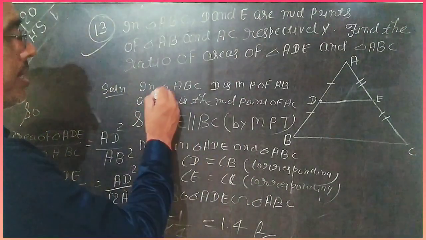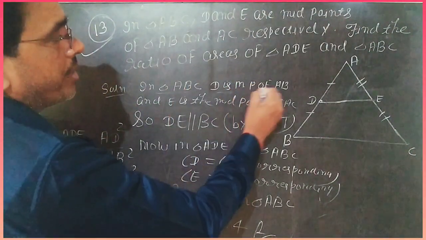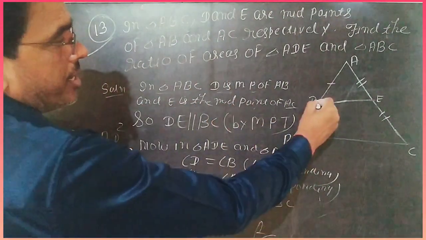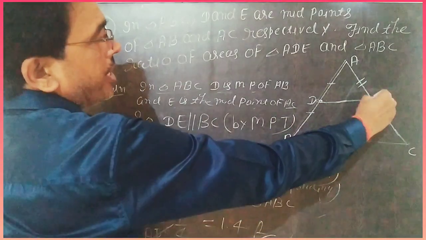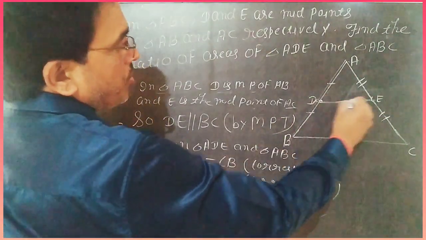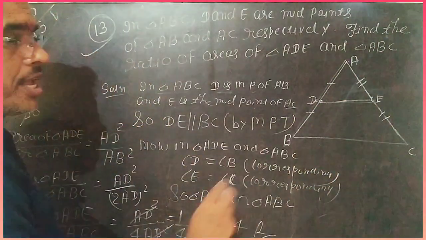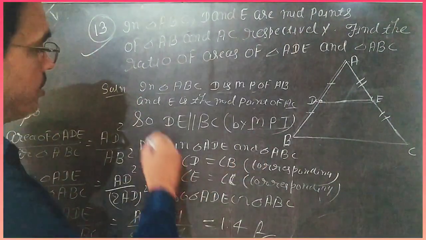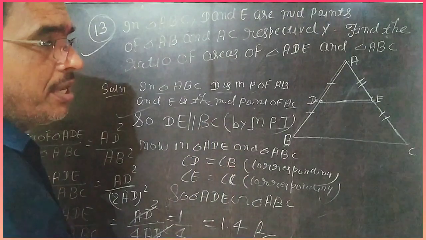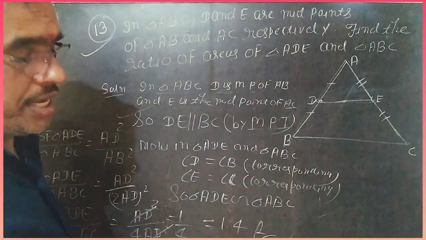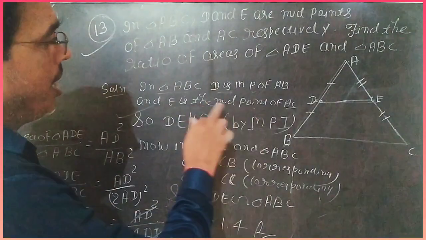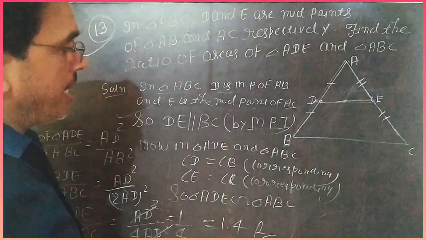First we write in triangle ABC, D is the midpoint of AB and E is the midpoint of AC. So DE is parallel to BC and DE is equal to half BC by MPT, the midpoint theorem. So I write here only DE parallel to BC, no need of DE equal to half BC here, because D is the midpoint of AB and E is also the midpoint of AC.